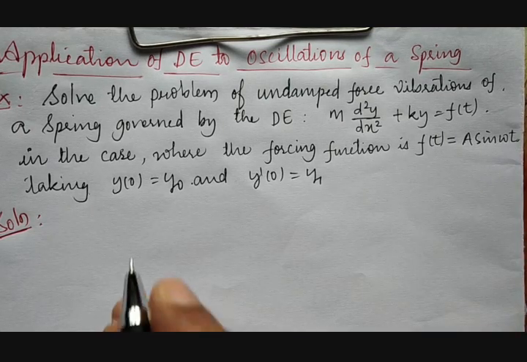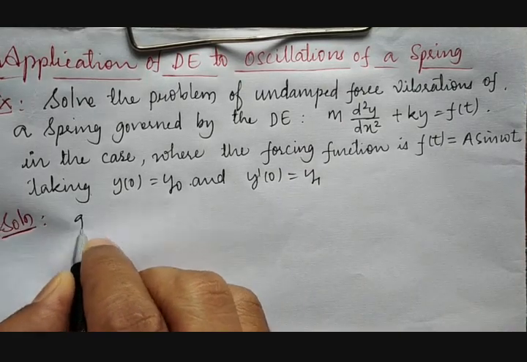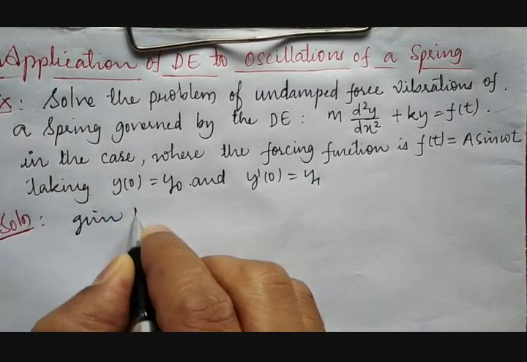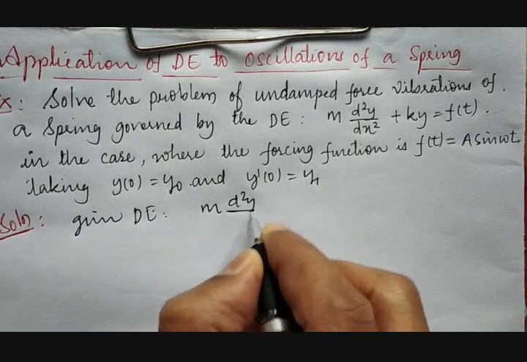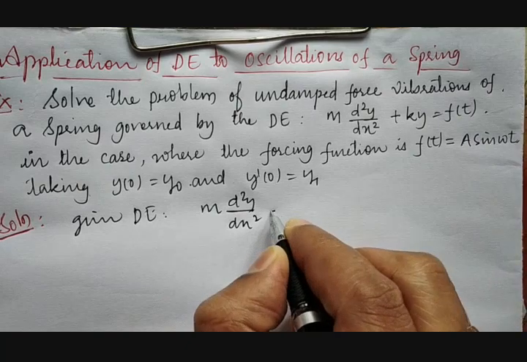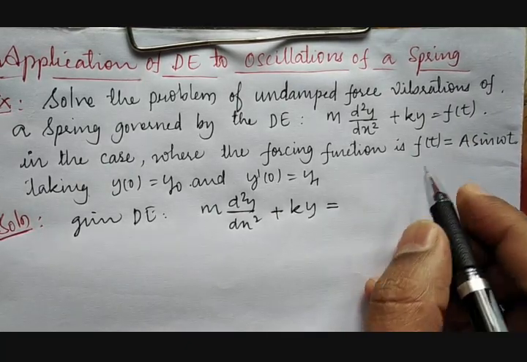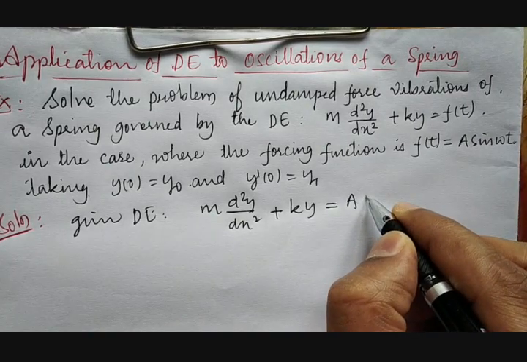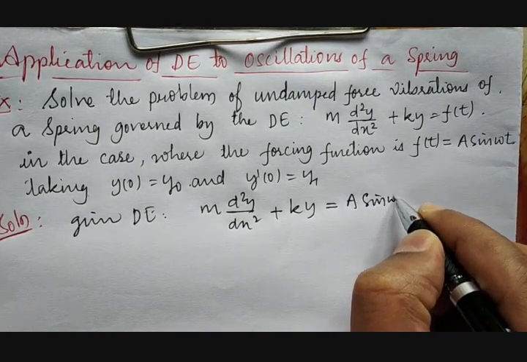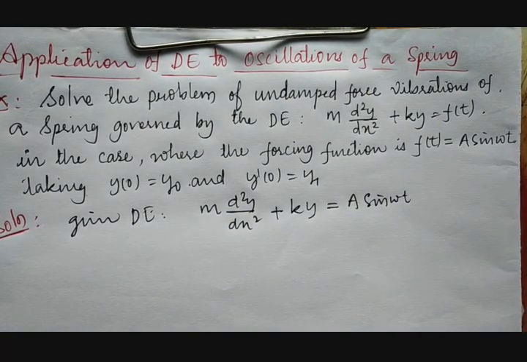So the given equation is m d²y/dx² + k y = a sin ωt.